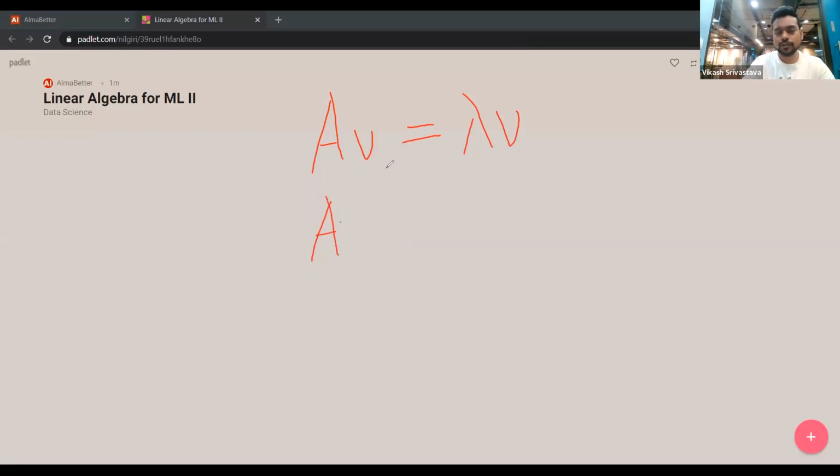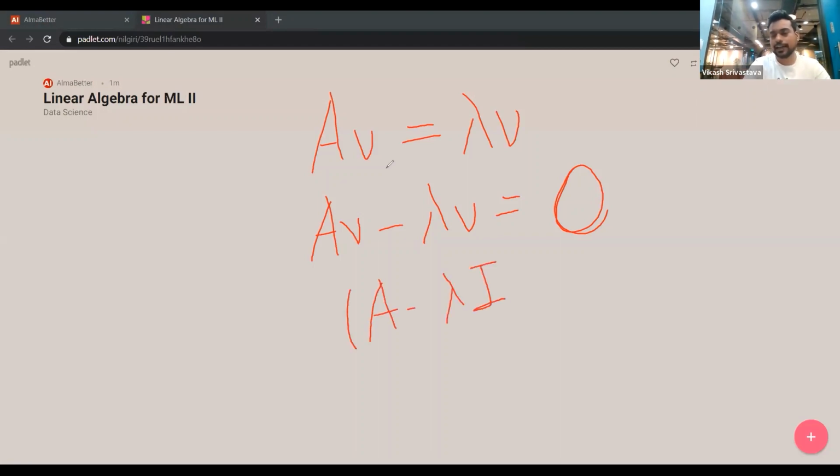We can also write Av minus lambda v equals a zero or null matrix. Now if I take v common, I can write A minus lambda I, where I is the identity matrix, times v, equals the null matrix. To find the eigenvalues, which are lambda, the roots of the equation we get will give us the eigenvalues.